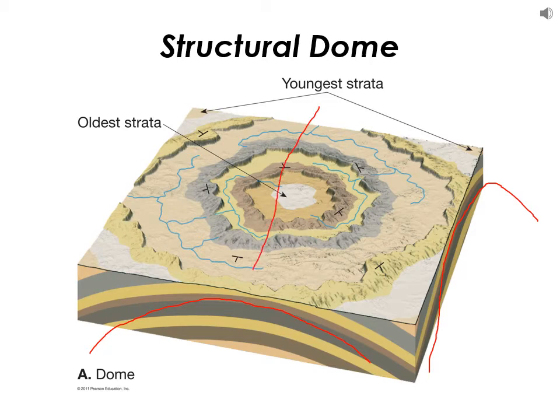If it's an up fold, we call that a dome, and we get structural domes. Usually what happens here is we have something like a pluton, right? So we have some igneous rock or some magma that intrudes into some sedimentary rock, and it deforms them in two directions. So you can imagine this oldest layer down in here is a pluton that pushed up, and it pushed these other layers out of the way in two directions.